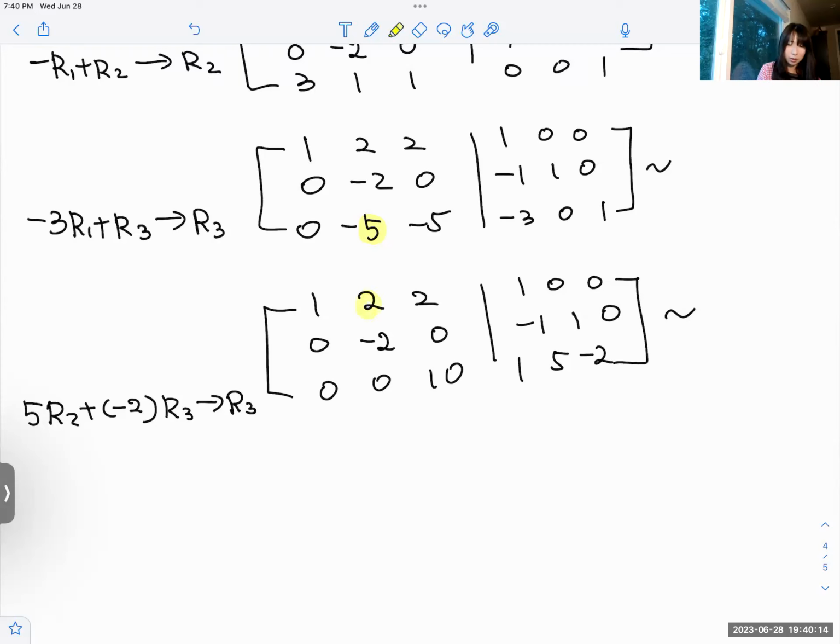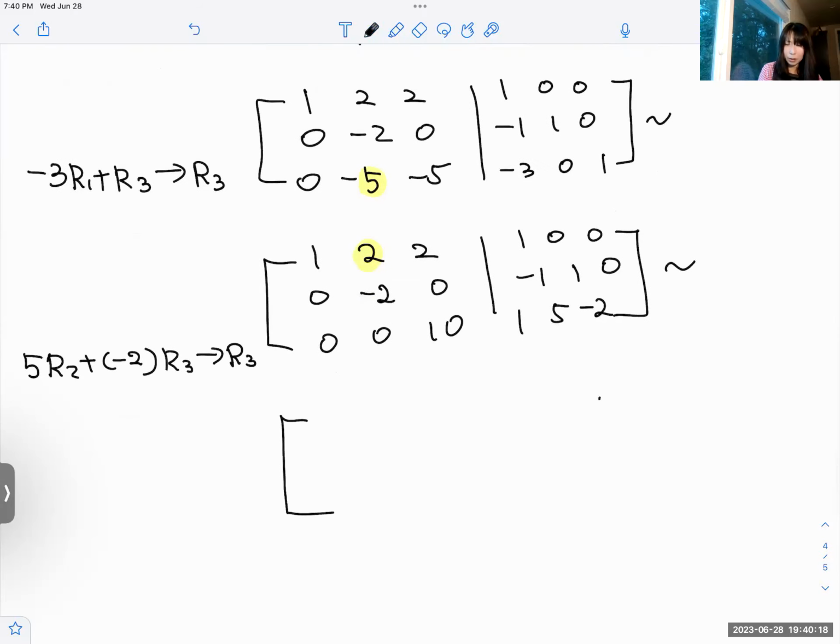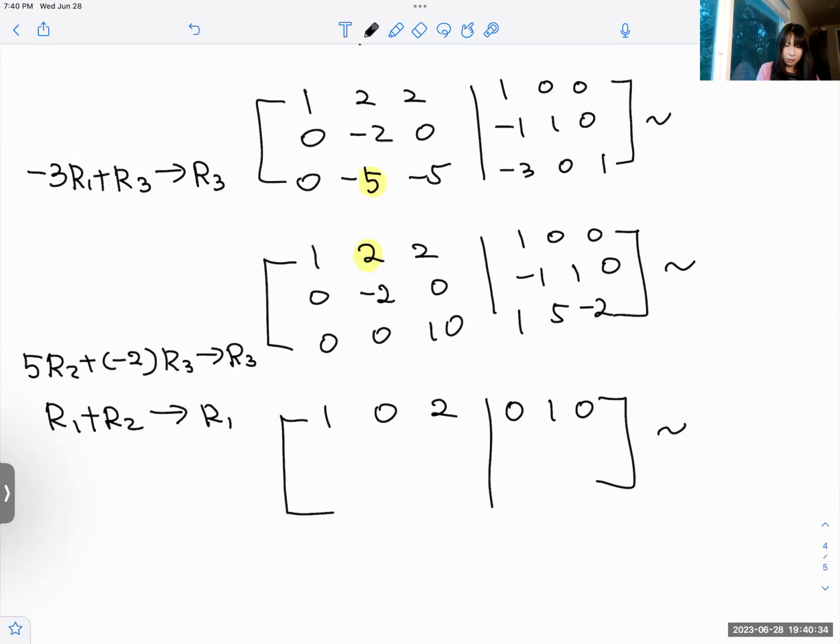Oh, should we just add row 2 to it? So we make R1 plus row 2. So 1, 0, 2, 0, 1, 0, right? Okay.